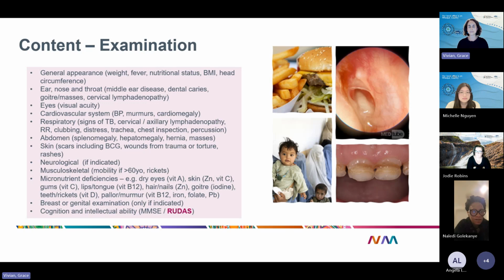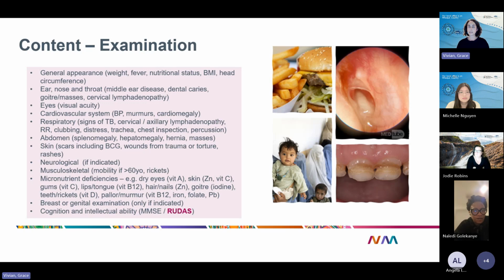It's hard to remember sometimes. TB in itself doesn't really have any classic or obvious respiratory signs to lend itself to easy detection, but we should examine the respiratory system anyway.